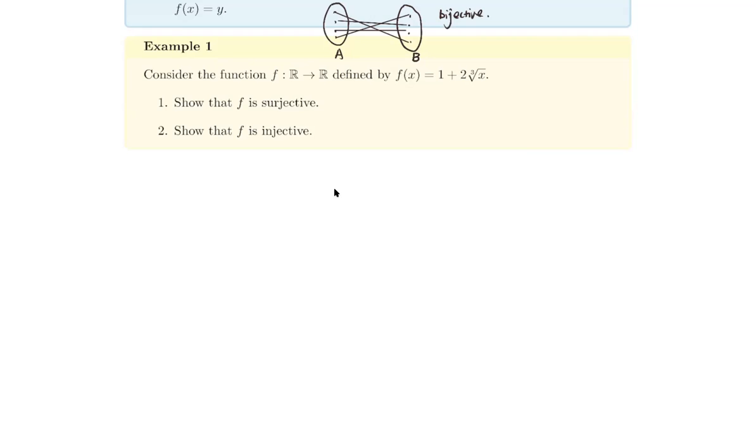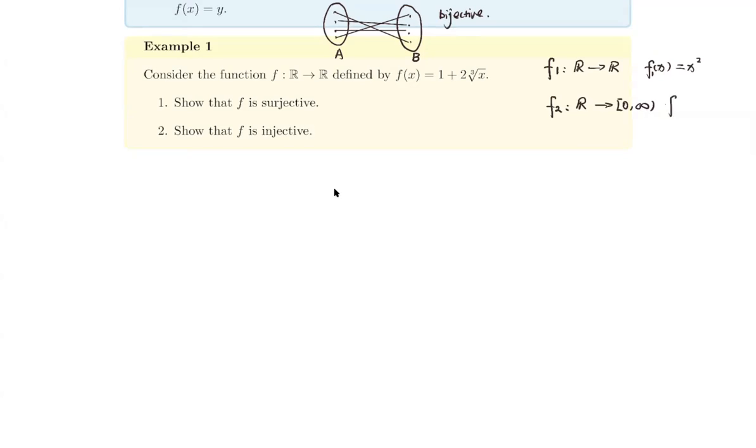So for example, let's say we have f1 from real to real, where f1 of x equals x squared, and I have f2, and I change the codomain to 0 to infinity.